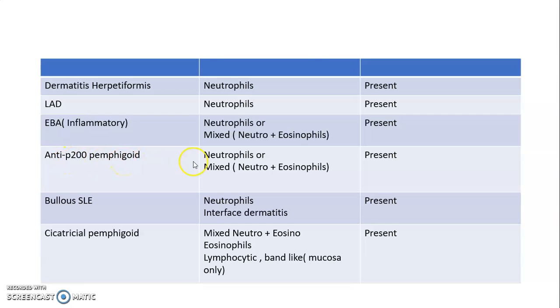N-200 pemphigoid contains an inflammatory infiltrate of neutrophils or mixed neutrophils and eosinophils. Bullous SLE has neutrophils. Cicatricial pemphigoid has a mixed population of neutrophils or eosinophils, or only eosinophils, or lymphocytic infiltrate, band-like infiltrate in mucosa only. Thank you.